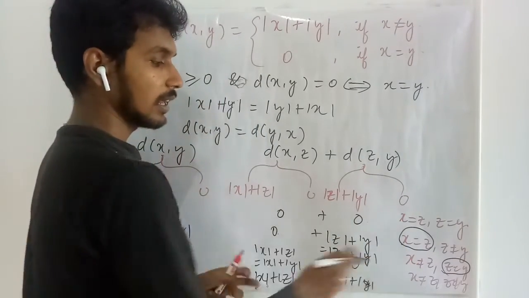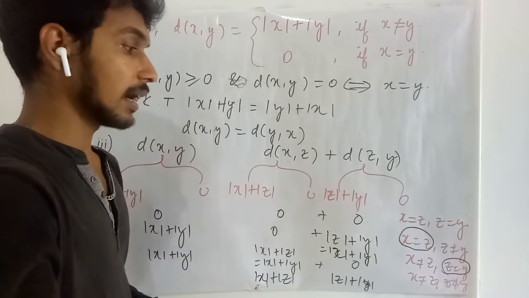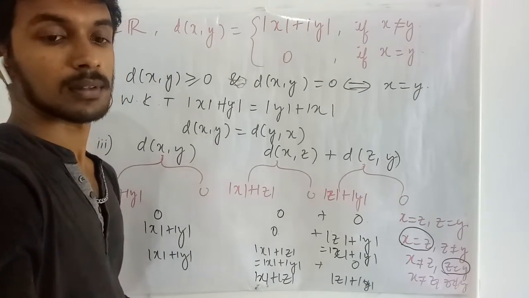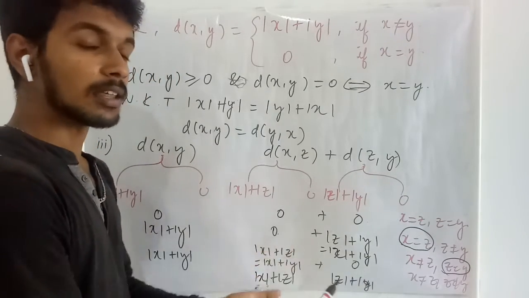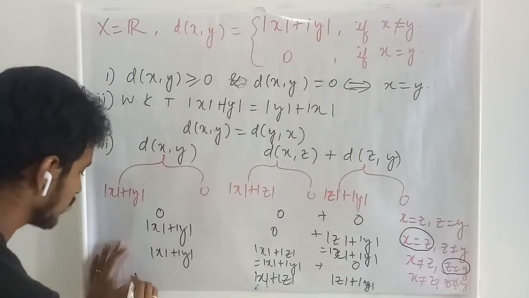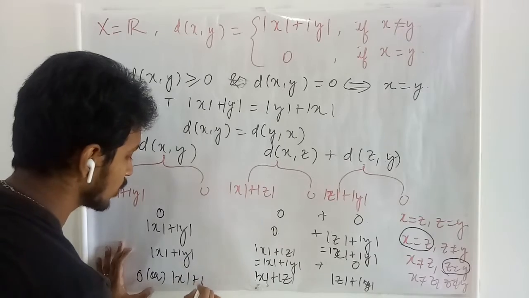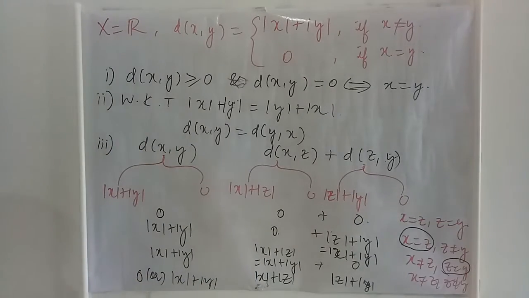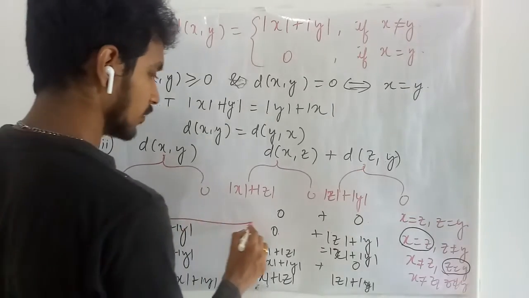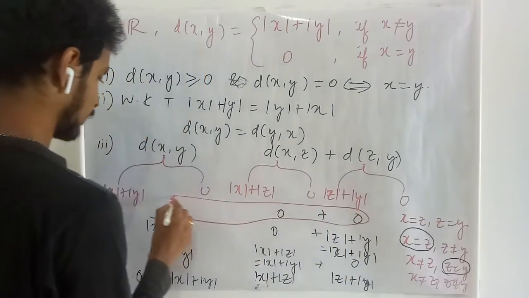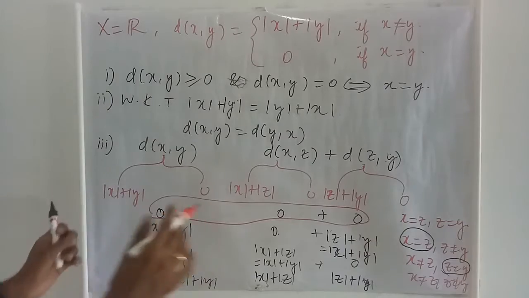But we do not have any guarantee that x and y are different. They may be the same or they may be different. If they are the same, we will have 0. If they are different, then we will have absolute of x plus absolute of y. Now in the first case, what we have is this. We have an equality.